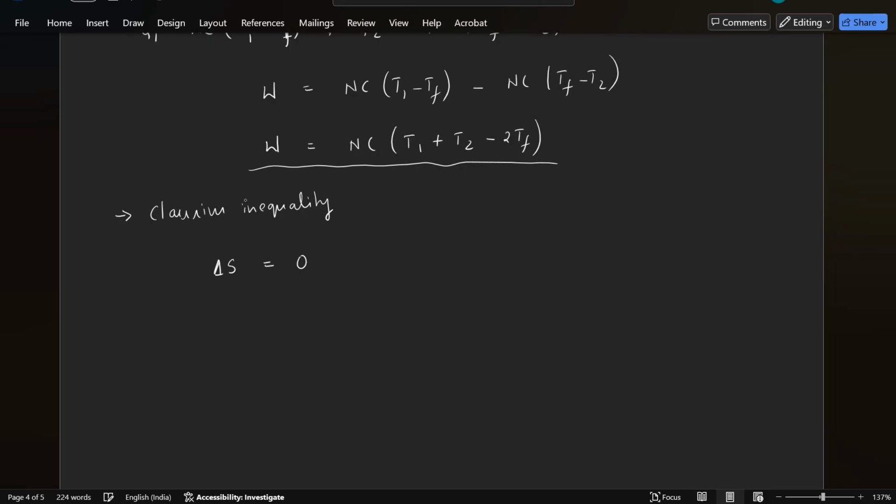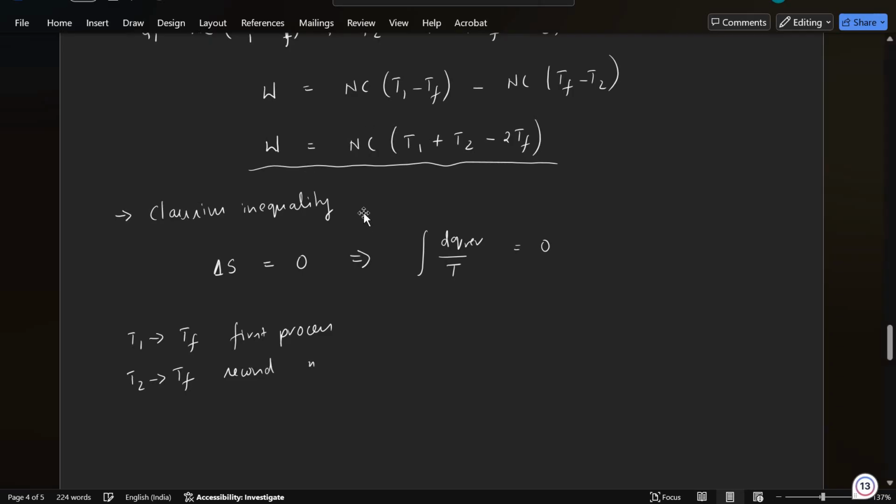So now again we'll use the formula of dq reversible by T is equal to 0. So now what are the steps we have? We have two steps. One is T1 to Tf, the higher temperature body, is one process, and then we have T2 to Tf, which is the second process.